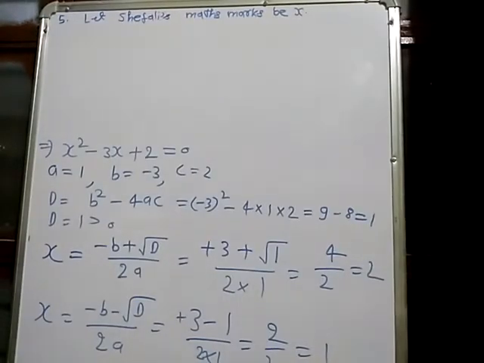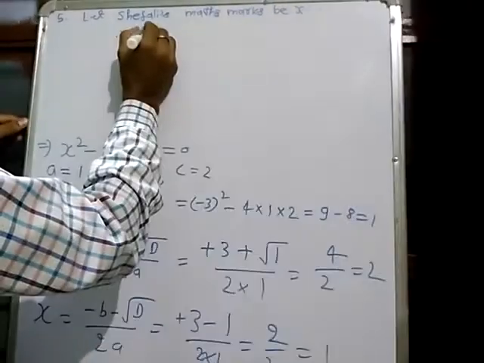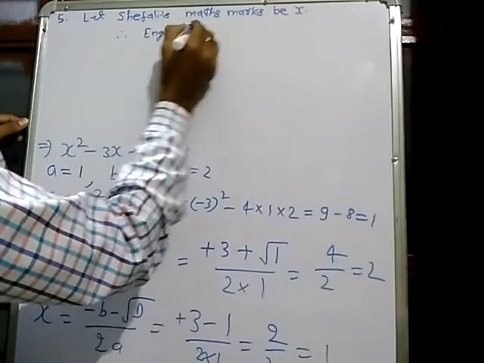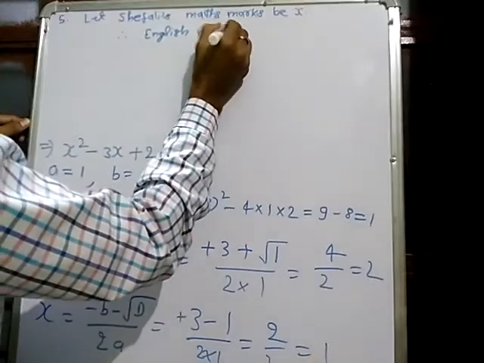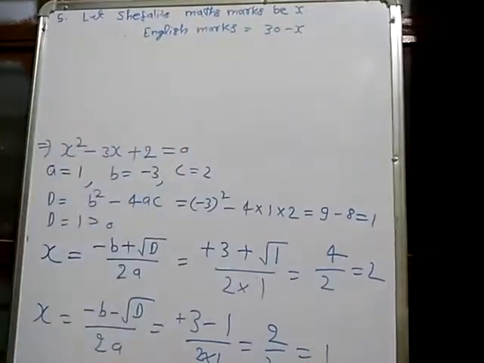So you can understand what her English marks will be. Therefore, English marks may be 30 minus x, because it is the sum of both subjects.